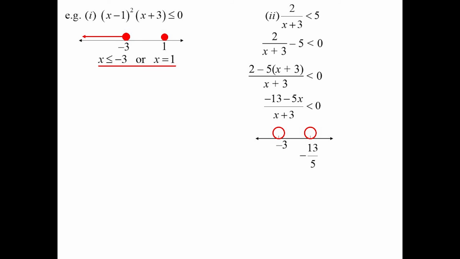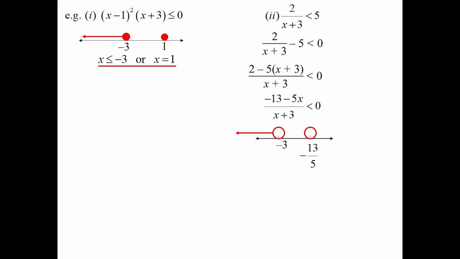All right, test a point. Give me a number less than -3. -4, you are correct. Now, sub that into -13 minus 5x. With -4, top is 7, bottom is -1. And so it's very good.